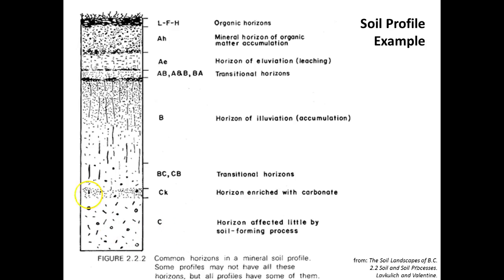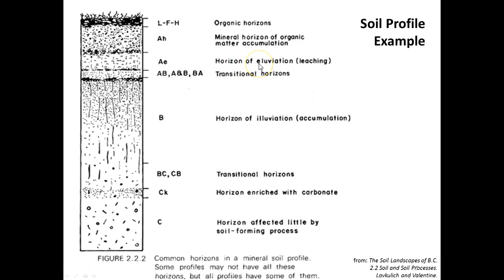So just to give you a sense, when you see a description of a soil horizon, this is an example, what you see are these lowercase modifiers along with the capital A's, B's, and C's. So at the top you have LFH, so this is an organic horizon, and the remainder of the horizons are mineral horizons. So an Ah indicates an accumulation of organic matter.